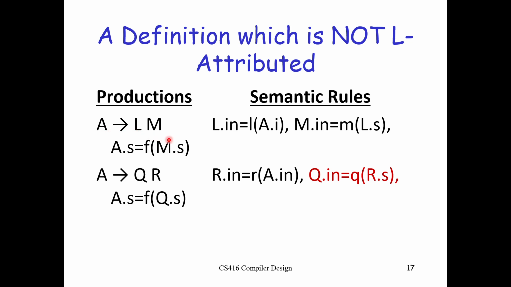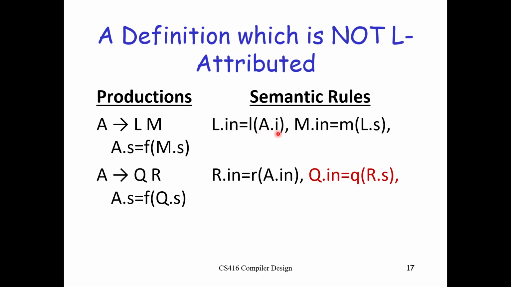Suppose these are the productions: A gives LM, A gives QR. The corresponding semantic rules have been written for each production. In A gives LM, this L has an inherited attribute. It is inheriting from its parent node, capital A: L.i equals I of A.i.